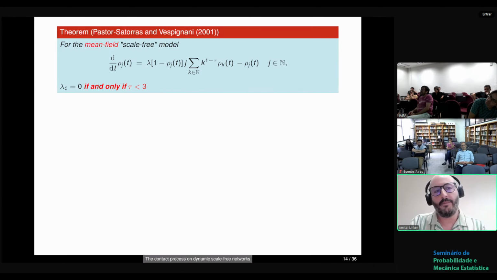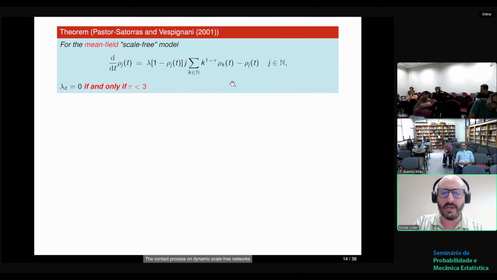Now, in 2001, Pastor-Satorras and Vespignani wanted to do a mean field version of the contact process on a scale-free network. So how do you do this non-geometric study while trying to replicate the geometry of the scale-free network? They considered vertices of different degrees, and every vertex with a certain degree is connected to a number of vertices of other degrees.